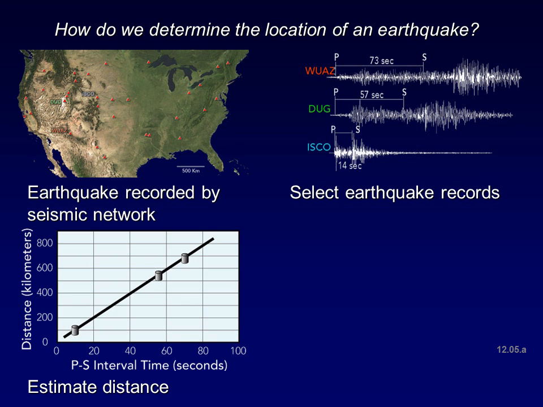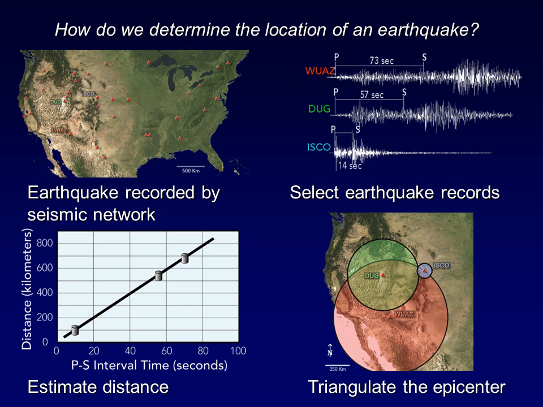And the distances for each station are used to draw the potential location of the earthquake in any direction by making a circle. Okay, so if we start out with the first estimated distance, that is 14. Okay, so we're looking at the ISCO one that's closest to 0. So if we look over, we get 14 seconds, and we carry that over to the left to our distance in kilometers.